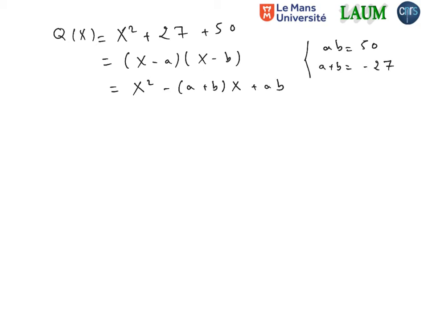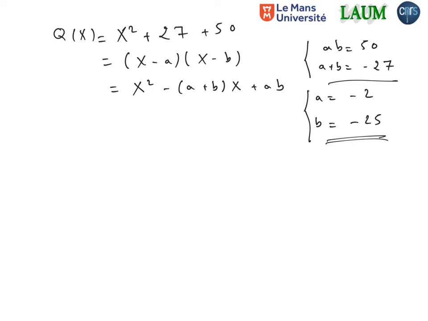So here we can see that we have one solution, that a equals minus 2 and b equals minus 25. So this is a way to find the two roots of the polynomial. Okay, here there is a trick, and from these two equations I can identify my two roots.